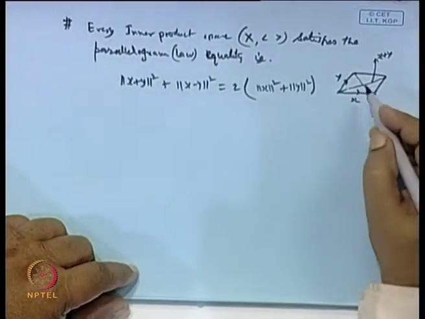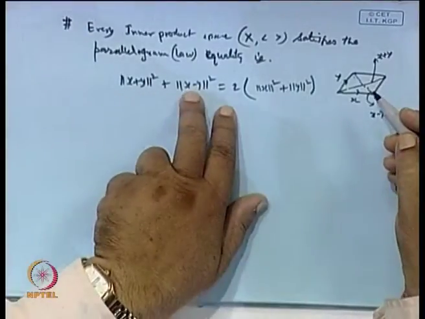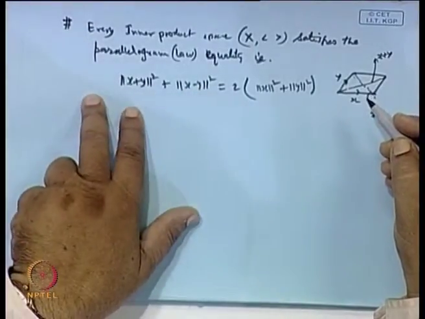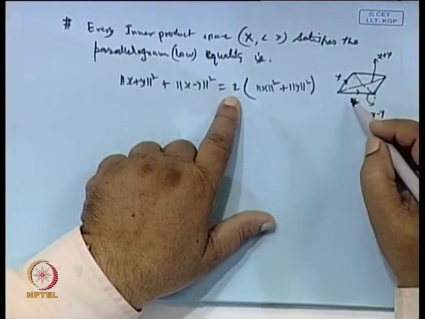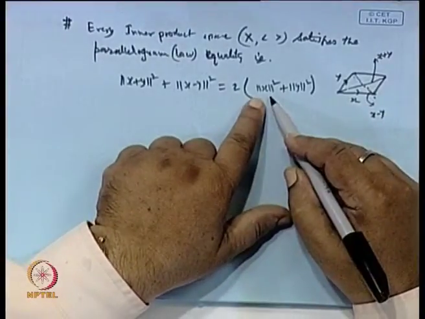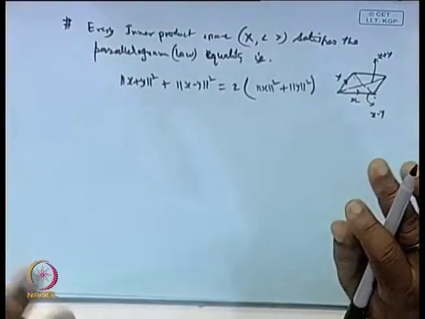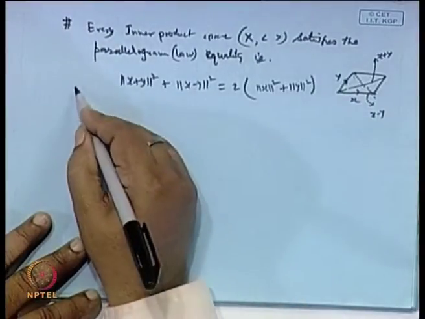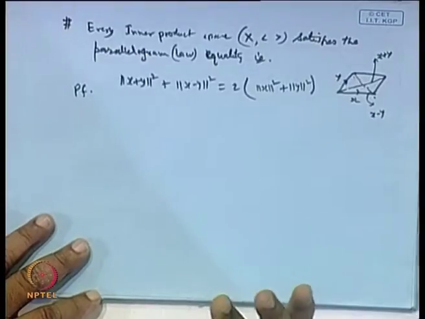So, the sum of the squares of the lengths of the diagonals, norm x plus y square plus norm x minus y square, is 2 times the sum of the squares of the sides, x square plus y square. The proof is just simple, based on the definition.